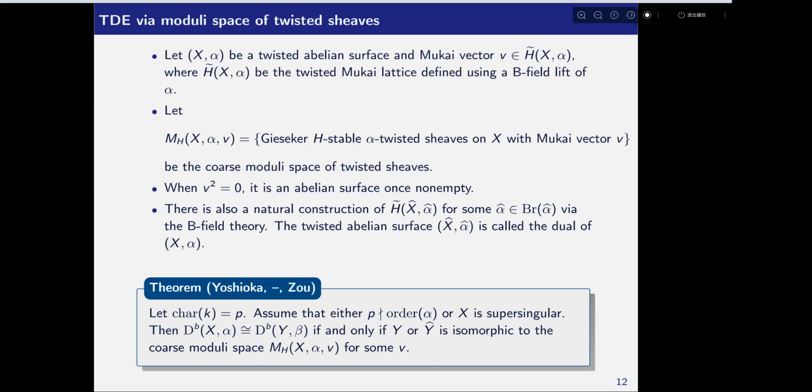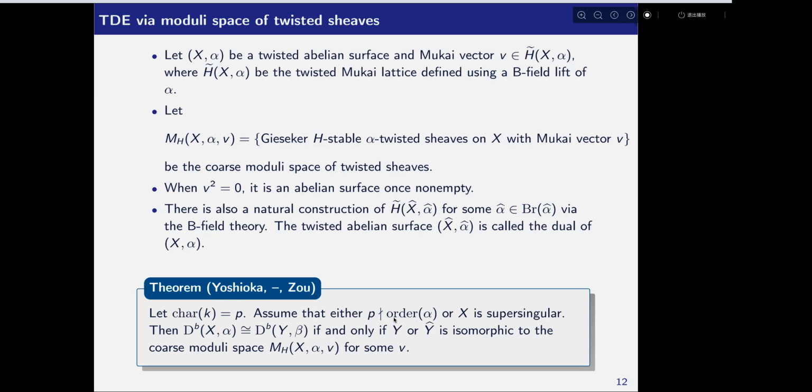The proof is very standard, and basically you can follow the proof in characteristic 0, or also follow the proof for K3 surfaces, except you need to prove that the moduli space is non-empty. So that's why we make such a weird condition here, that the order is coprime to P. When the order is coprime to P, this result is proved by Yoshioka.